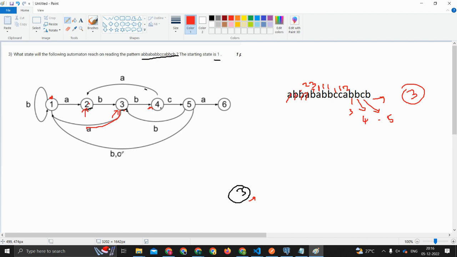Pooja, do you want to say something? Pooja, did you follow this? Only the last one you're not able to understand. I mean, why are we going to 3 and not 1? Is that what your question is? Yes.